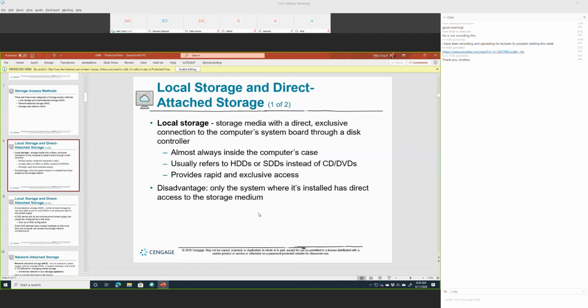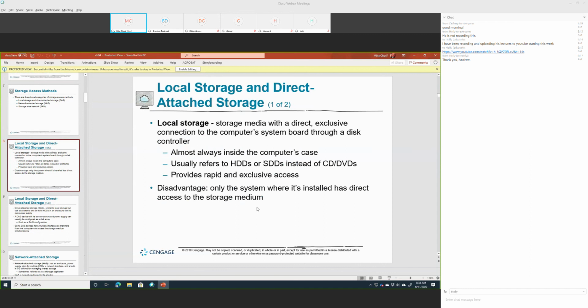Disadvantage, only the system it is installed in has direct access to the storage media. So basically what he's saying, if you have two computers at home, and one machine has like 2 terabytes of disk storage, and the other machine has, let's say, 200 gig. What you have on your machine with 2 terabytes can only be accessed from that particular machine.